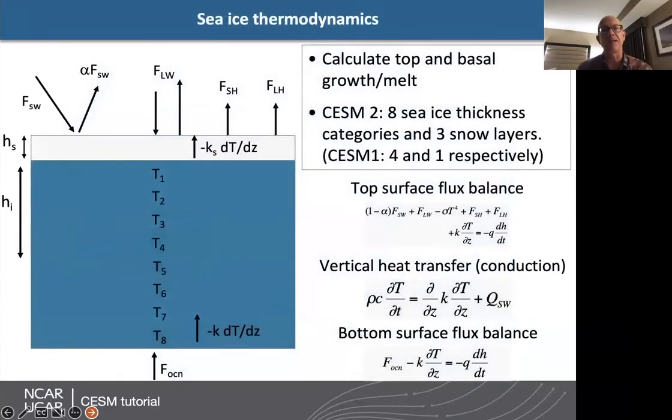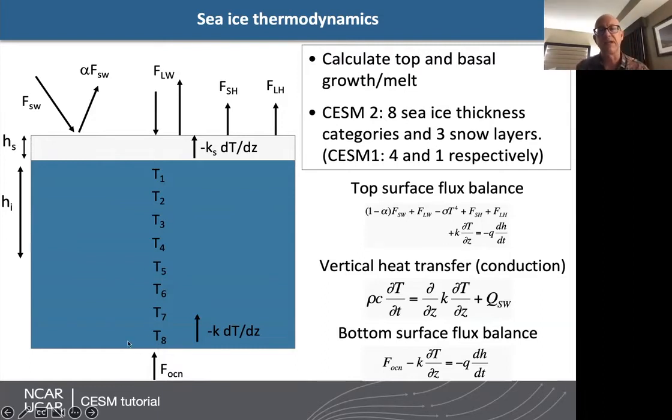So the thermodynamics is essentially a 1D conduction equation where we solve for the internal temperature as a function of the net shortwave that gets in and how far that net shortwave gets down into the ice and through the snow sometimes. And then there's also heat available from the ocean too.